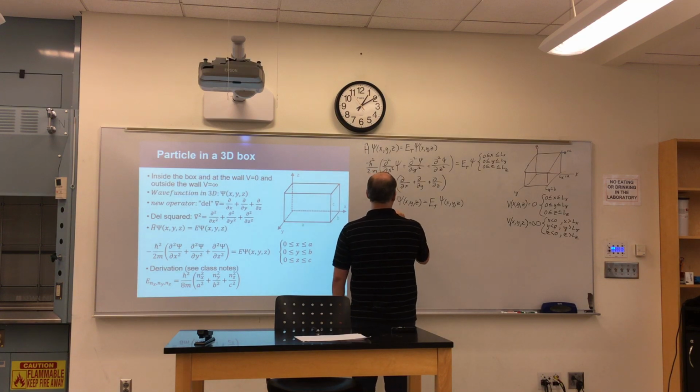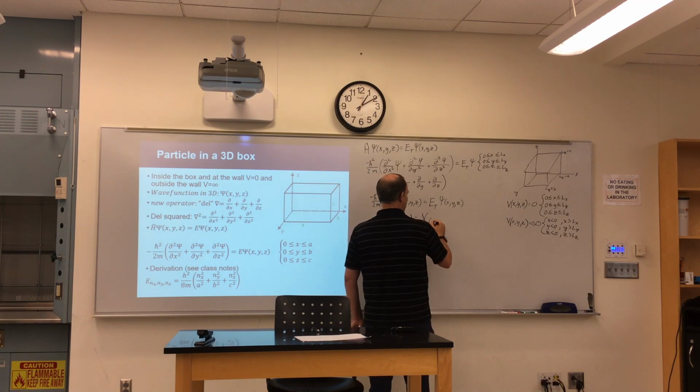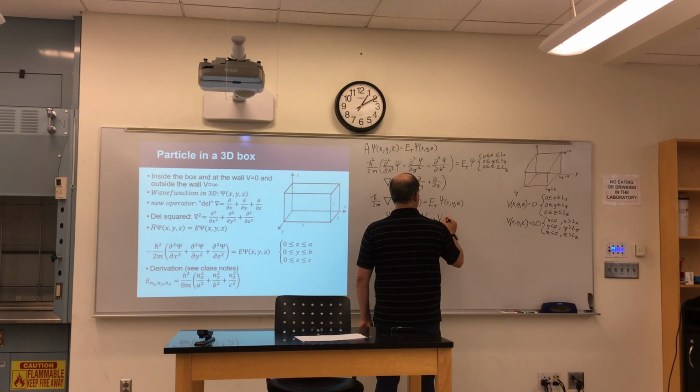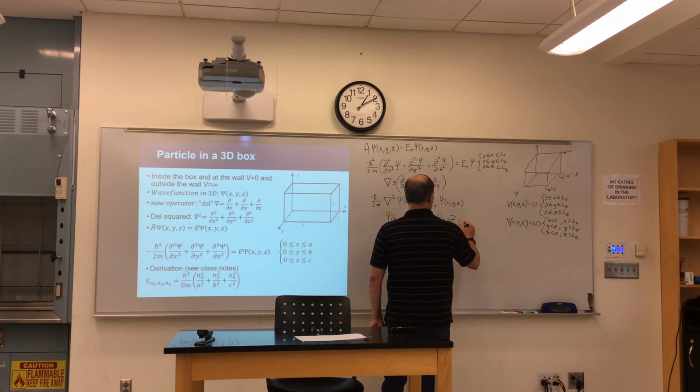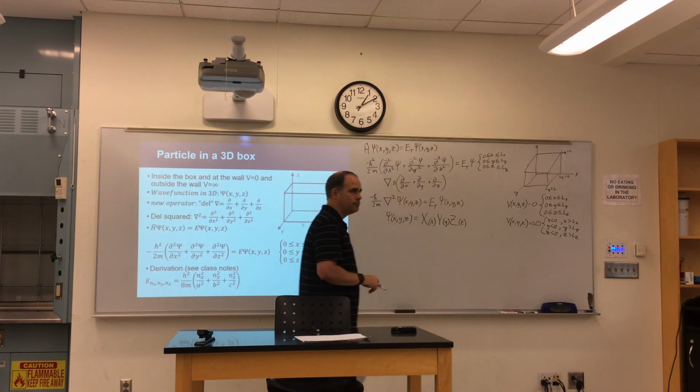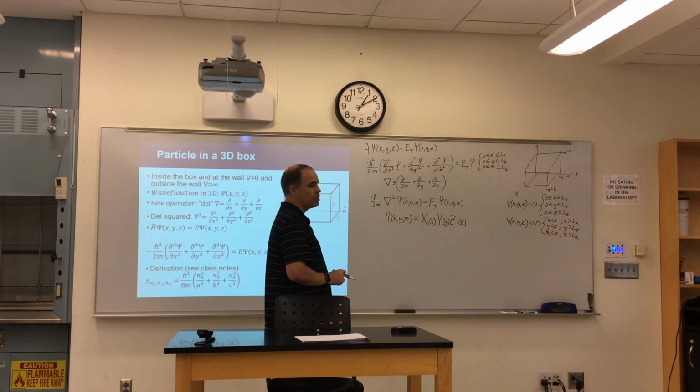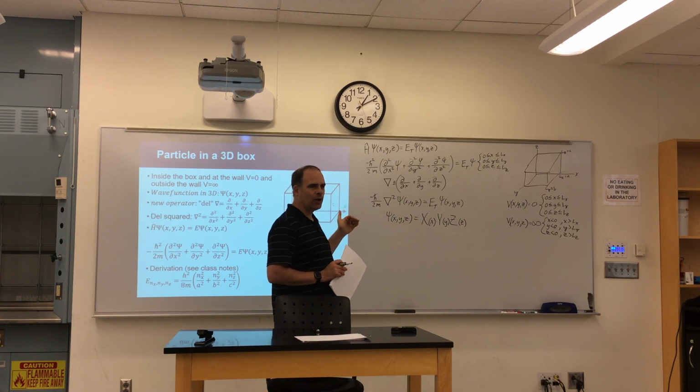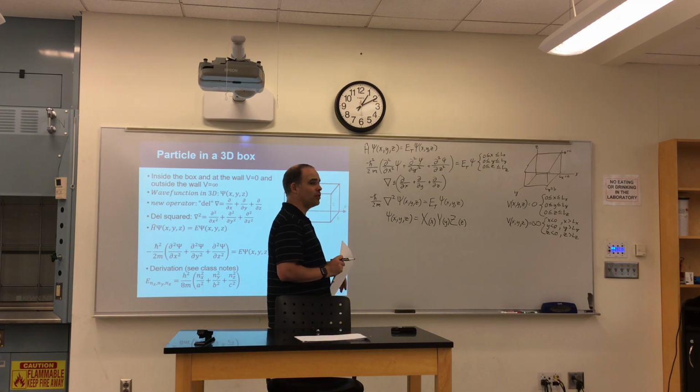So I'm gonna call that the x function in the x direction times the y function in the y direction times the z function in the z direction. And we're just gonna hope that this works out. This is one of the techniques that you use for these types of equations. You try it because it makes your life a lot easier. Sometimes it doesn't work, which means you just wasted a bit of time, but sometimes it does work, which means you saved yourself a whole heck of a lot of time and effort.